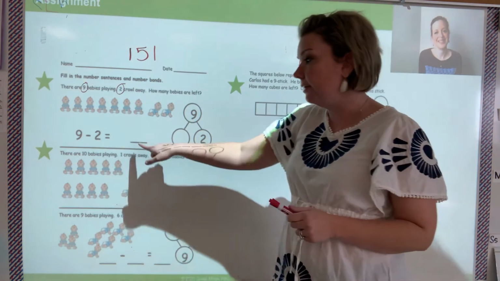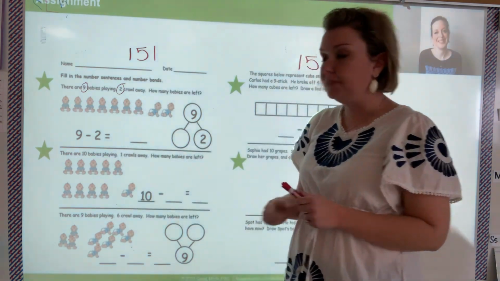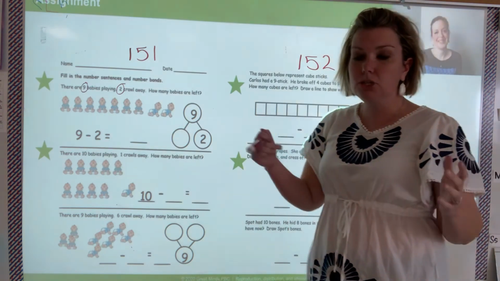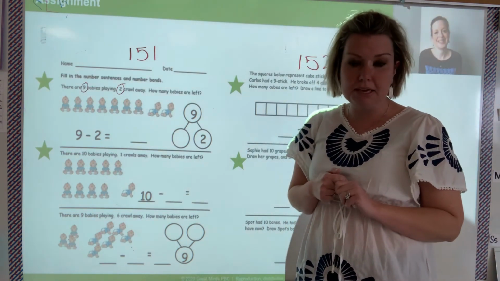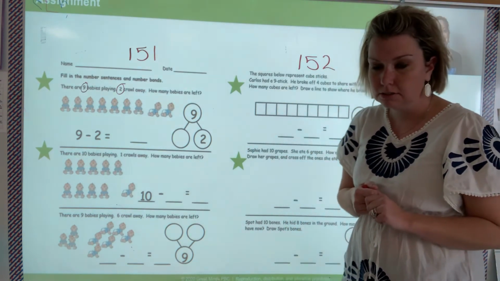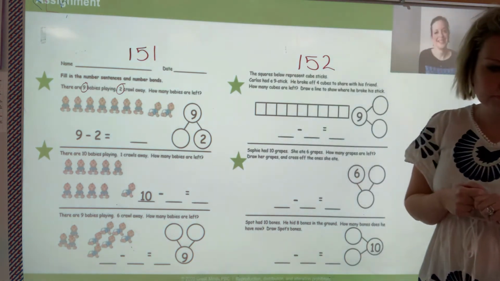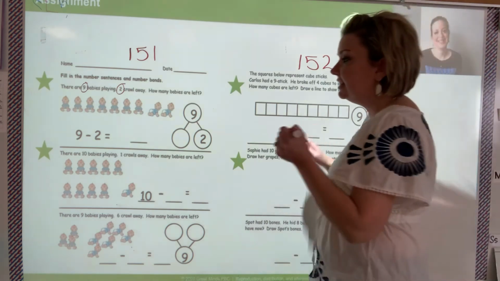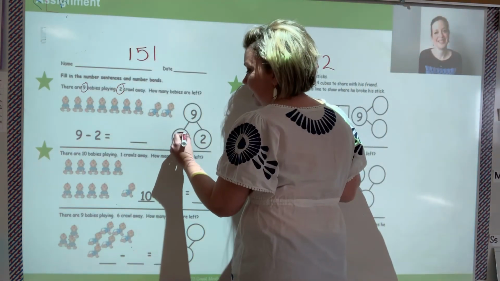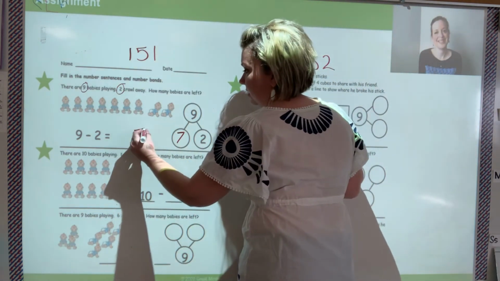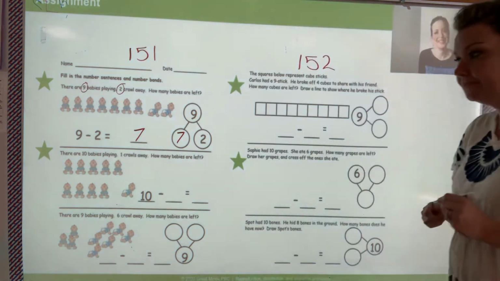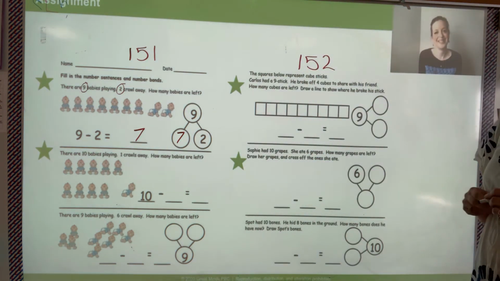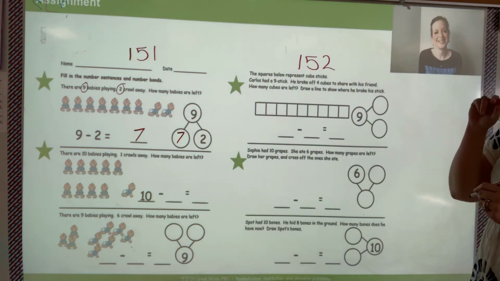We need to figure out the total, or the part that's left. Can you show me on your fingers how many babies are left? Awesome. 7. 7 babies are left. That one was pretty easy. They did all the work for us.